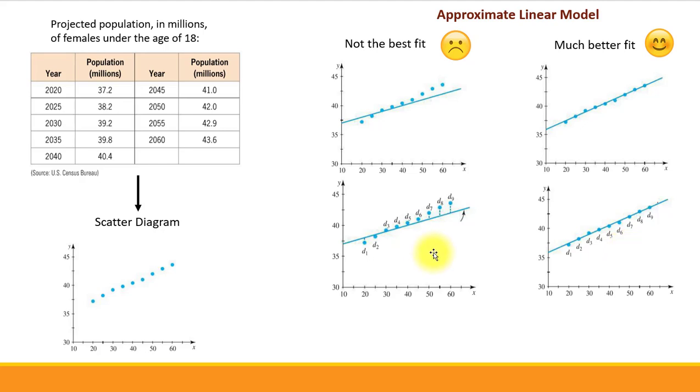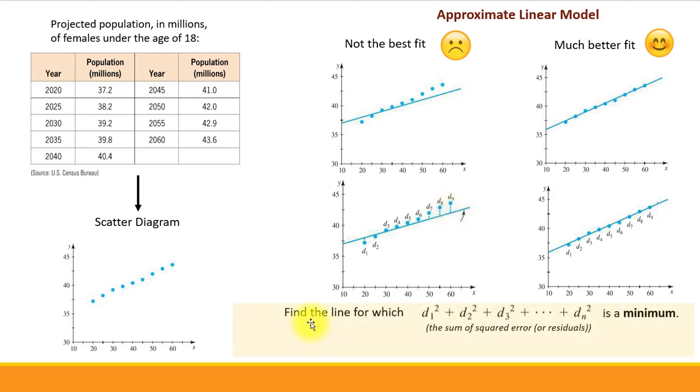And then for easier comparison, we want to add them up. But since some of them are going to be positive values and some of them are going to be negative, and they can start canceling each other out, what we do, we want to square them first. So we find those vertical distances, we square them. This ensures that all numbers become positive, and then we add them.